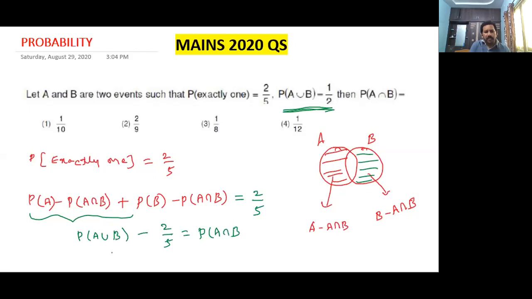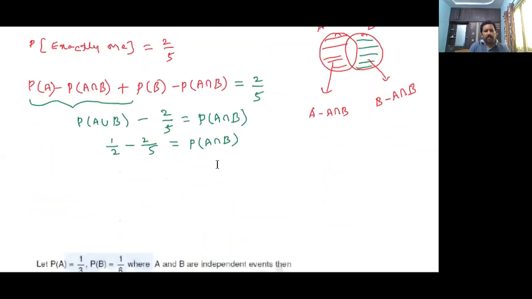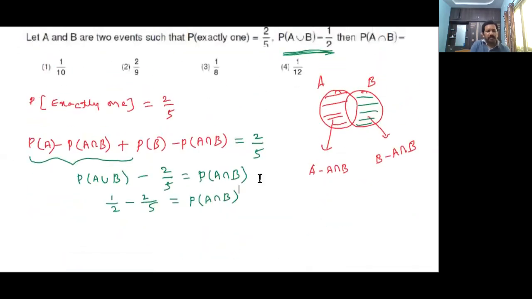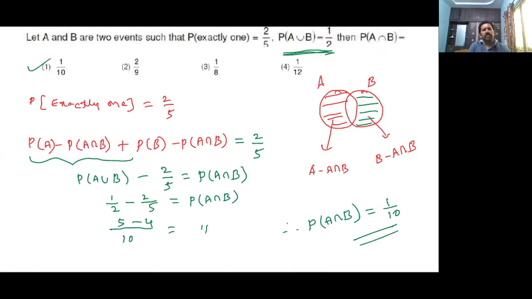P of A union B is 1 by 2, so 1 by 2 minus 2 by 5 is equal to P of A intersection B. Calculate that, LCM is 10. Now we get 5 minus 4. Therefore, finally, P of A intersection B is 1 by 10. So 1 by 10 is the answer. That means first option is the correct.